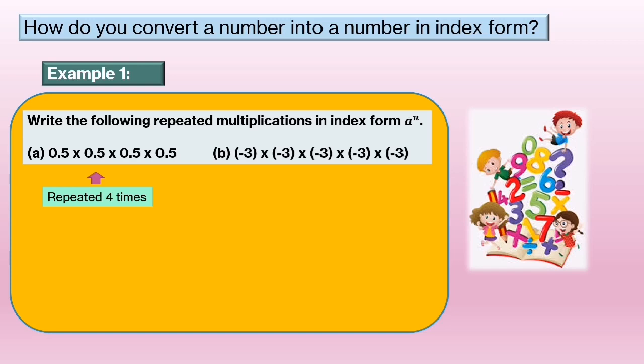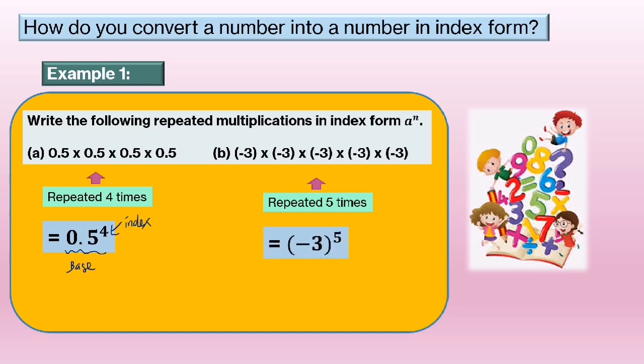So how do we write the answer? 0.5 power of 4. Index is 4 because it repeated 4 times, and 0.5 is the base. We look at b here. So we also check the number of times the base is multiplied repeatedly. It repeated 5 times. So the answer is negative 3 power of 5.